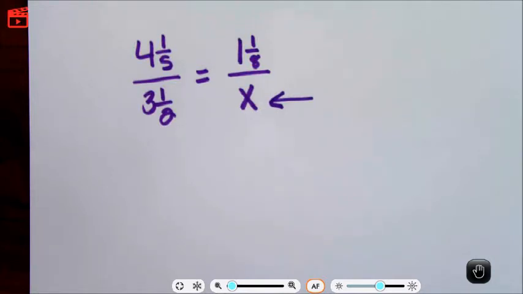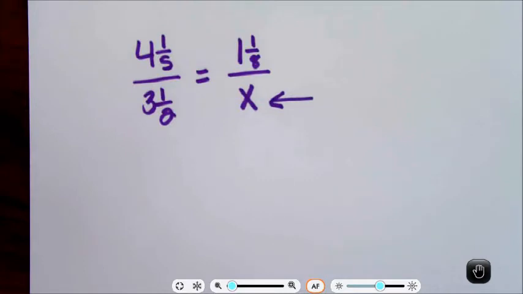I always want you to change these mixed numbers into improper fractions, because even though some of you are really good at working with mixed numbers, you really need to practice getting these into improper fractions, so that when you're doing higher level algebra, it just comes naturally, because it's going to be really difficult to work with large mixed numbers as opposed to using them as improper fractions. Okay, so going back to the problem, we're solving for x.